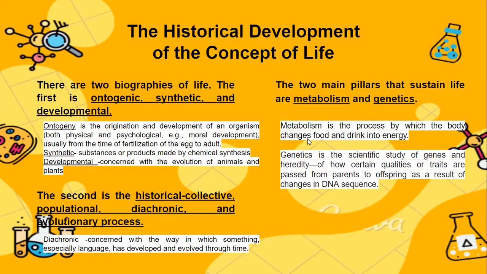Next, we have here the second biography of life, the historical collective populational, diachronic, and evolutionary process. If we say diachronic, this concerns the way in which something, especially language, has developed and evolved through time. So, ibig sabihin, we have different stages in development.